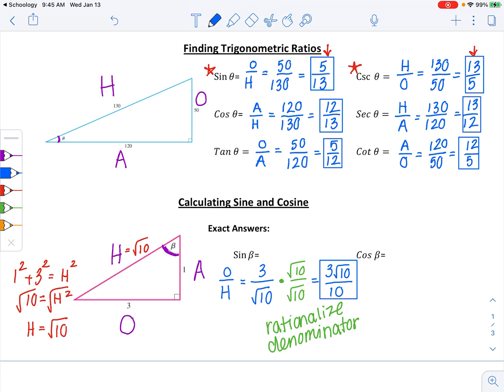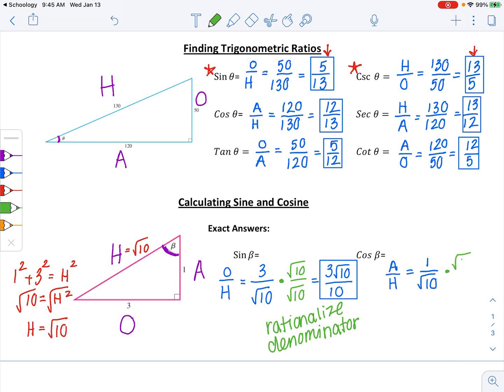Let's try now the cosine of beta. Same ideas, but now we're doing cosine. Cosine is adjacent over hypotenuse. The adjacent is 1, hypotenuse is root 10. Again, you may not leave your answer like this.